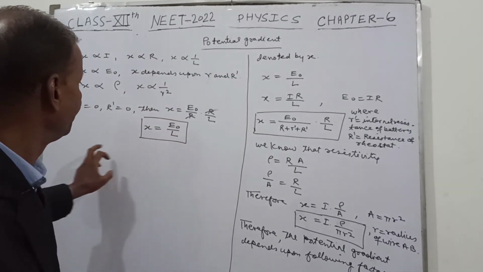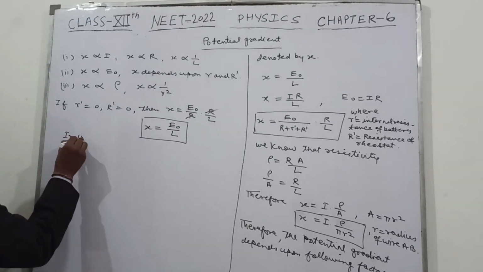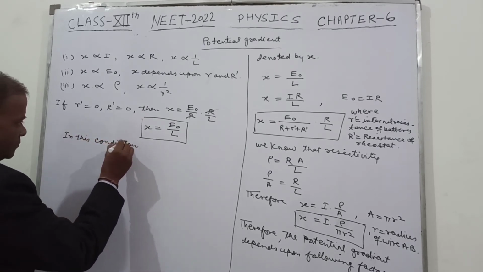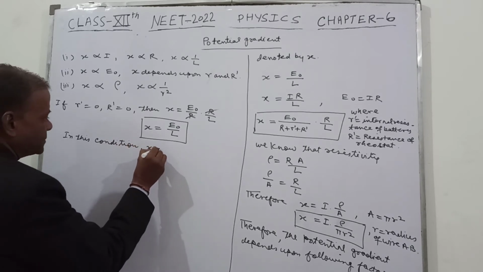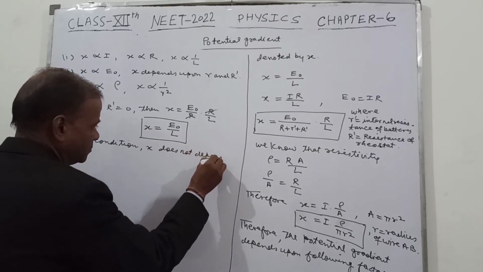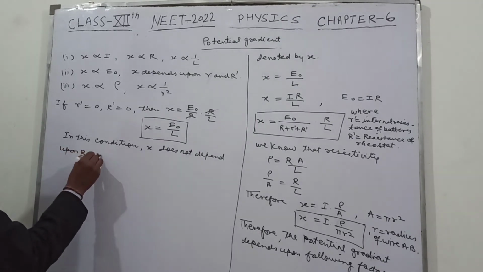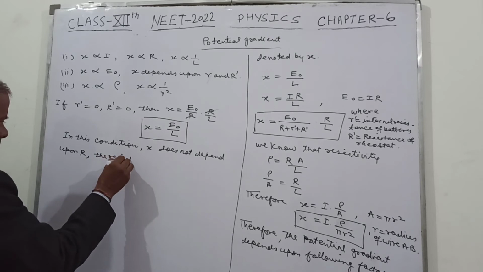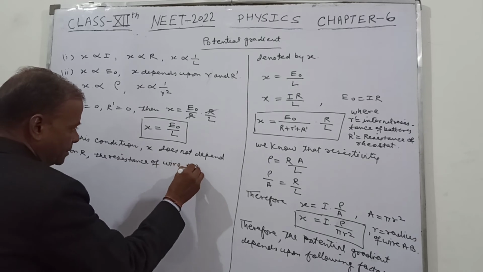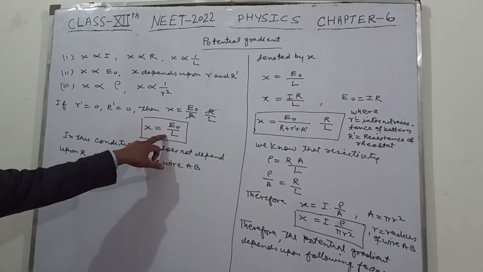So in this condition, x does not depend upon R, the resistance of wire AB, then it depends upon the length of the wire.